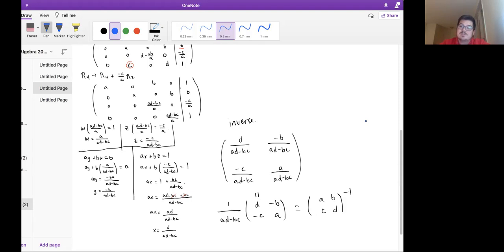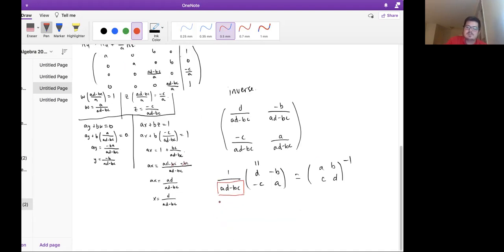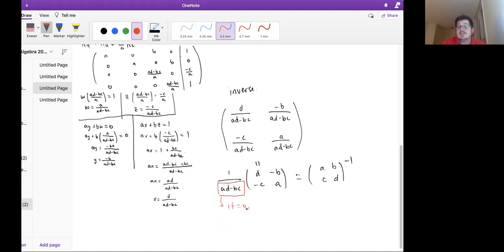It should be shouting at you. Yeah, that denominator is 0, right? What happens if this is equal to 0? It means it doesn't have an inverse.